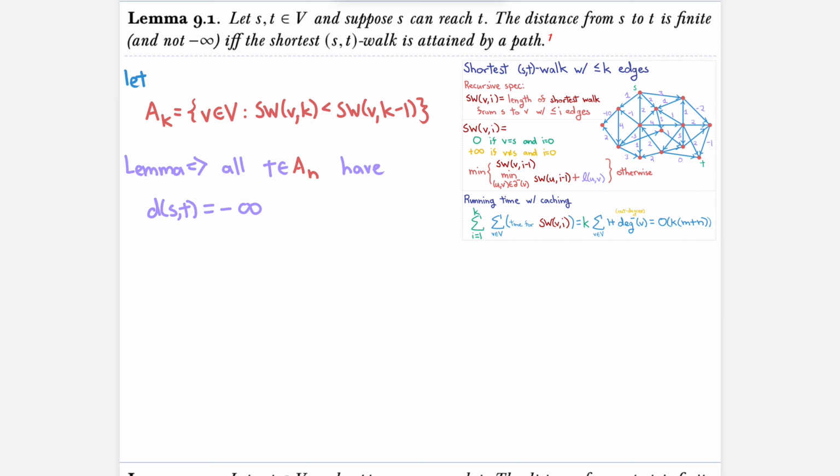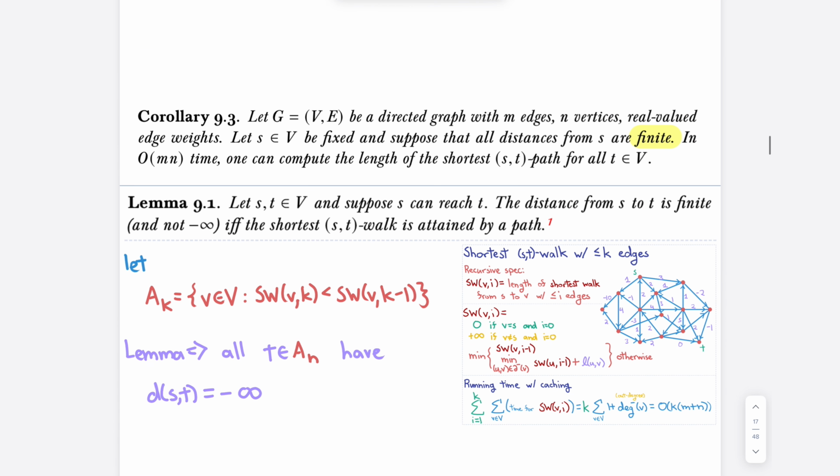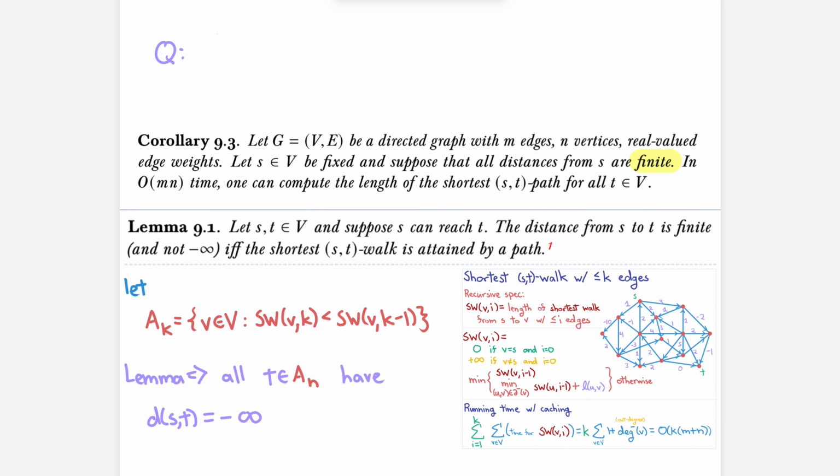Maybe the question is: how big of a K do I need to run our dynamic program to have enough information to get all the negative infinities?